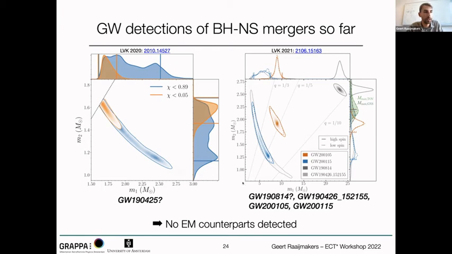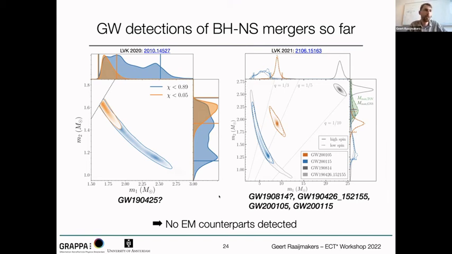More recently, we also had 190814 here in the upper right corner, which could be a binary black hole, but could also be a black hole neutron star system. And then as of a few months, I think we actually have the first two confirmed black hole neutron star mergers that are right in the regime where we're quite certain it's a neutron star and a black hole just based on their masses. Unfortunately, for none of these systems, we've detected an EM counterpart.